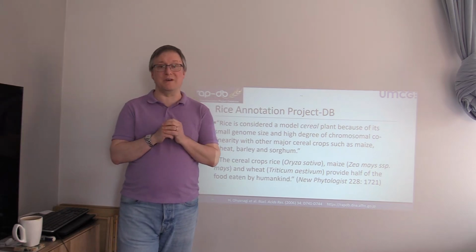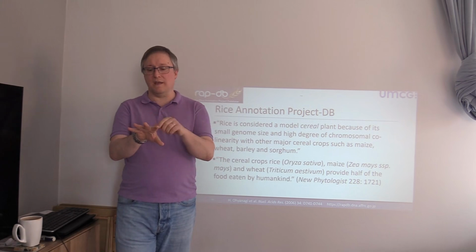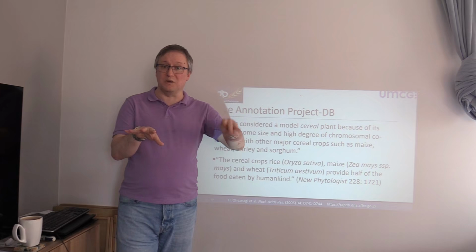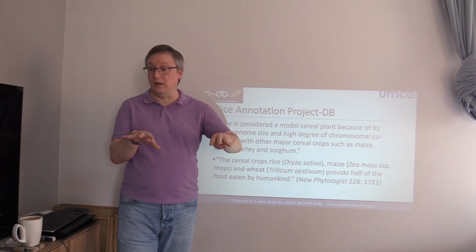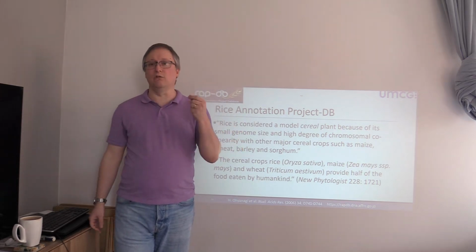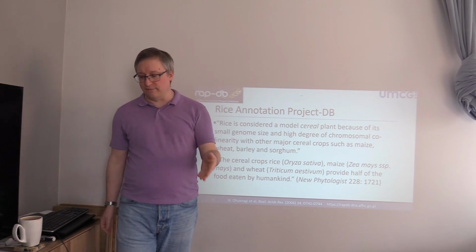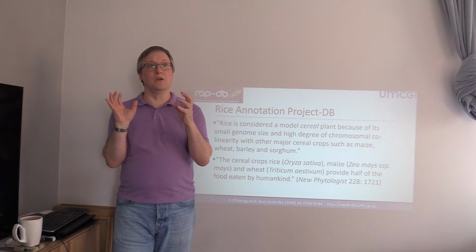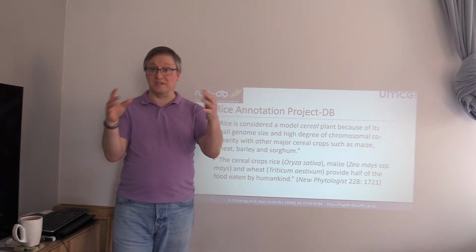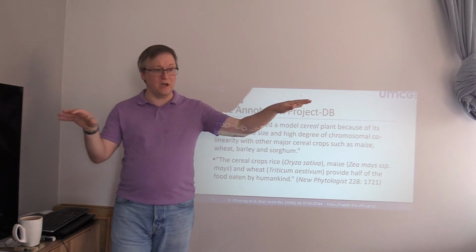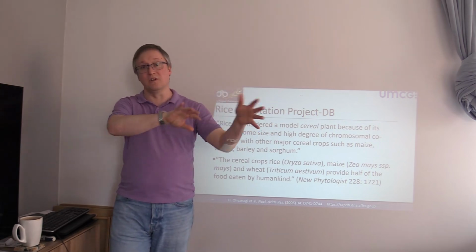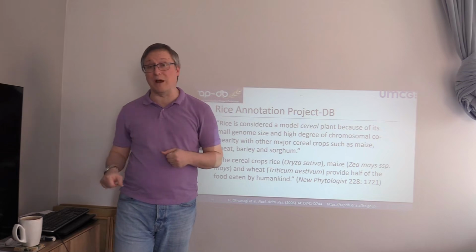Remember when I was talking about synteny a few slides back, that we think this gene in the middle is a real one because a gene exists between those two genes in a species we know well? In the same way, rice is similar enough to these major cereal crops that we can count on this degree of collinearity, of sequences being in the same order on similar chromosomes across these species. It's very powerful.